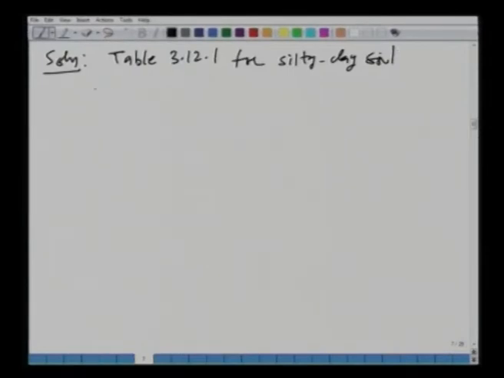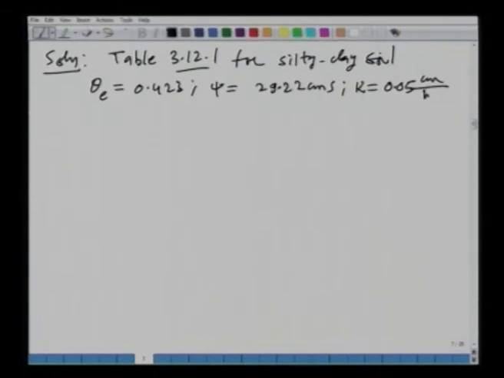I will just give you this data directly, so you can read it from this table in the Ven Te Chow book. The effective porosity is 0.423, the suction head for this soil is 29.22 centimeters, and the hydraulic conductivity K is 0.05 centimeters per hour.